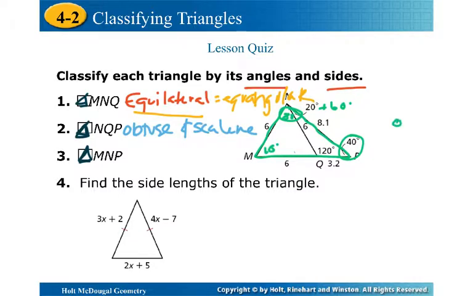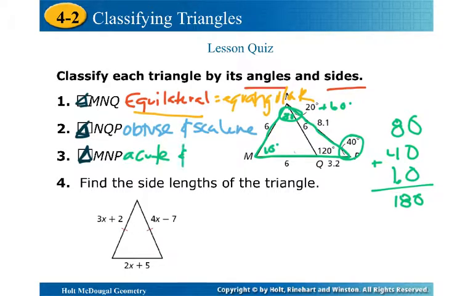Just double checking that that does make a triangle. 80 plus 40 plus 60 is 180, so those are the degree measures of those angles. And so taking a look at those are all less than 90 degrees, so we're going to call this an acute triangle. And looking at the side lengths, we have 8.1, 6, and 9.2, so we'll call that scalene as well.